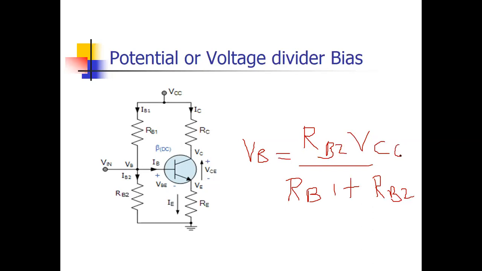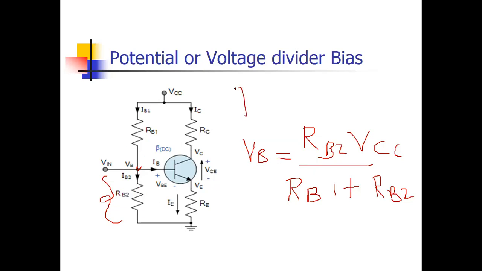So in this particular circuit, we are applying the voltage divider rule, calculating the voltage across this resistance. We can call it the threshold voltage, base voltage, or voltage across resistance RB2. It is RB2 VCC upon RB1 plus RB2. And if you want to calculate the equivalent resistance at the base, at this particular node both resistors are in parallel.